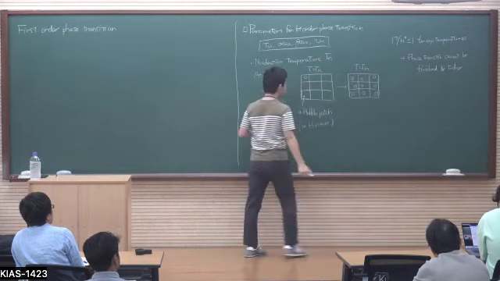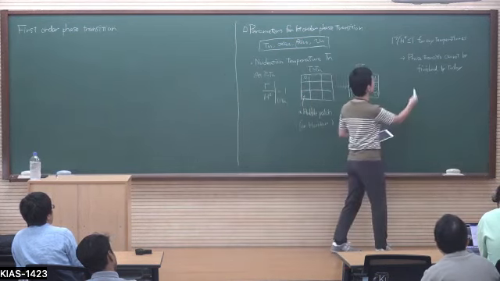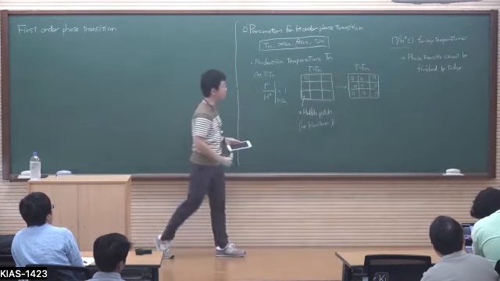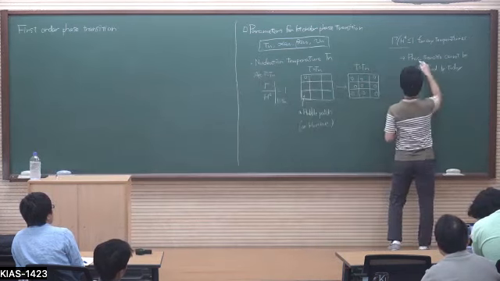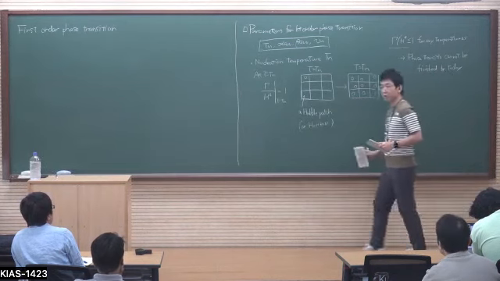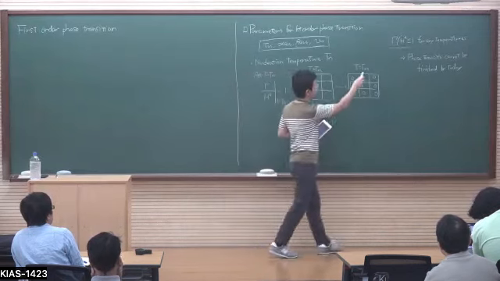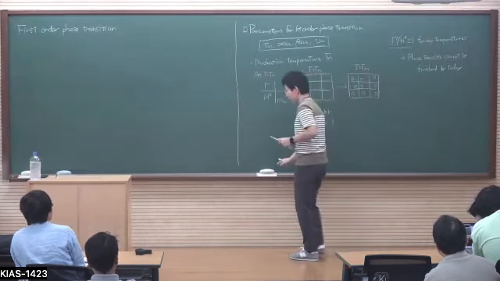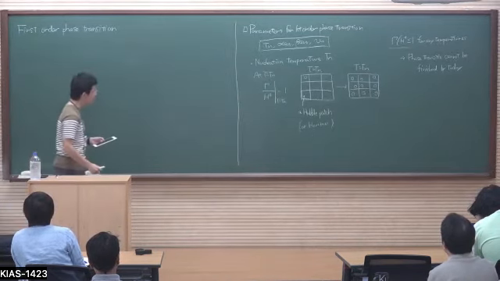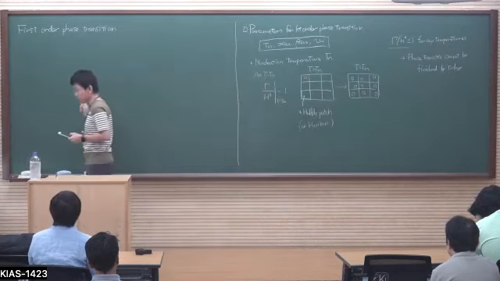Therefore, when we discuss a realistic new physics model, we should satisfy this condition at a certain temperature at least. So this condition gives a theoretical bound for a new physics model with a first order phase transition. You can use this condition as a theoretical constraint when you write papers. So this is the first important quantity for the first order phase transition.